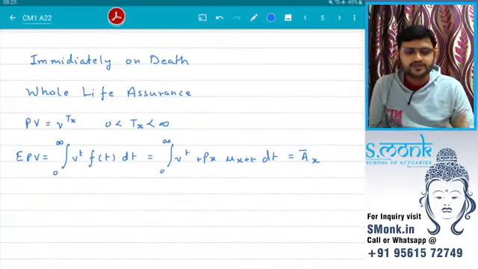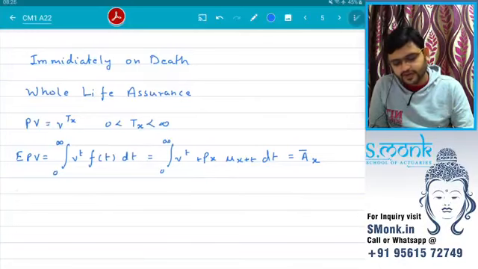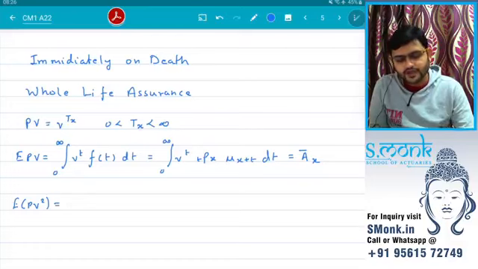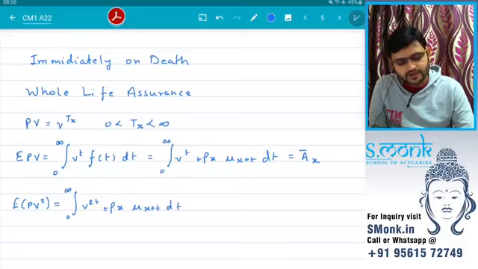Now similar to yesterday, if I want to find the expected present value squared, all I have to do is square the present value here. So I'll have integration 0 to infinity of v raised to 2t, tpx mu x plus t dt, and we'll write it as 2A bar x.